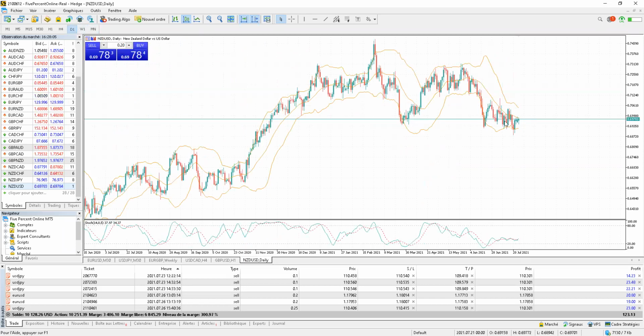Very difficult also, very compressing. It's kind of the same as the pound dollar. It's the same: we are very compressing, making a fake breakout.